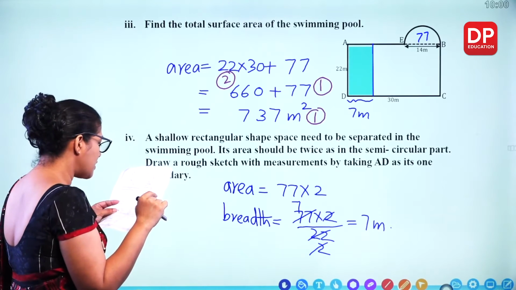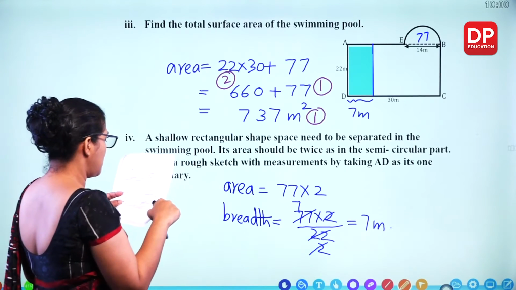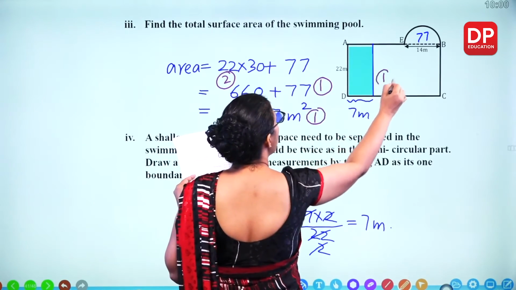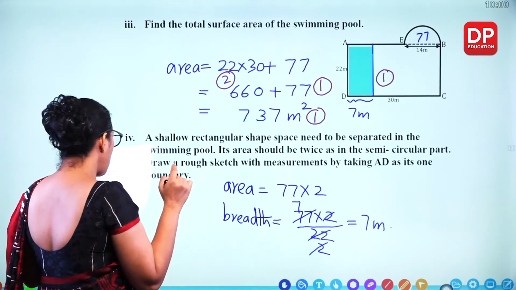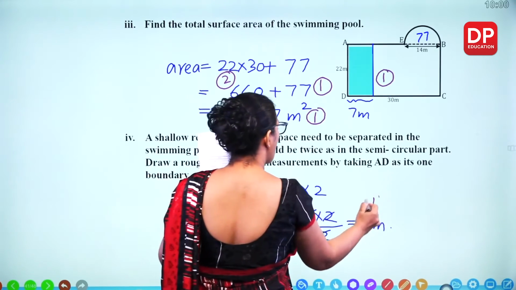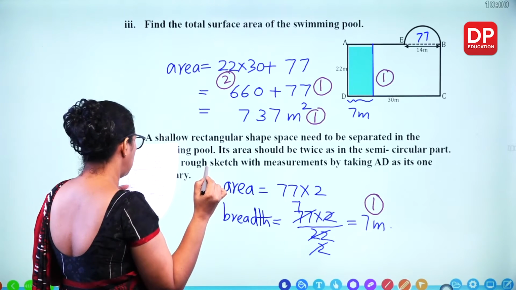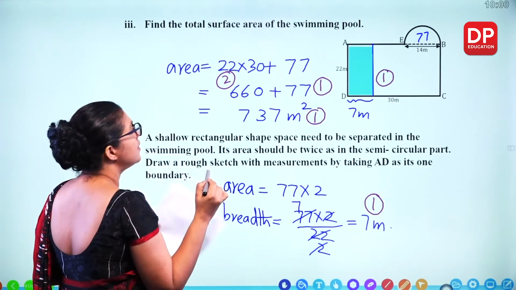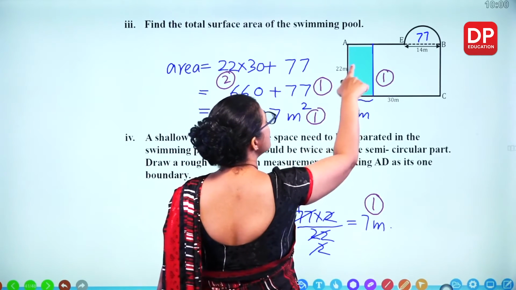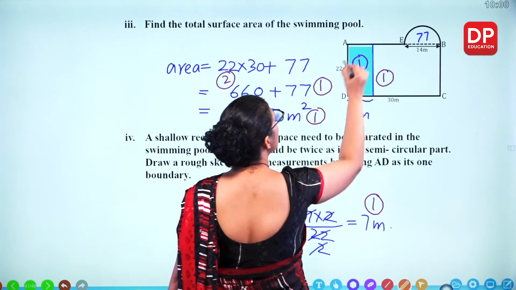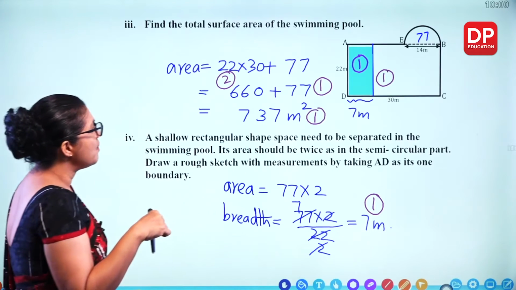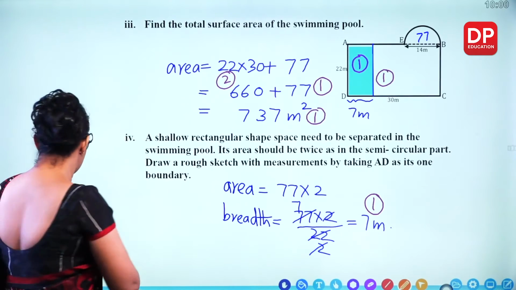And for the last part, you get drawing this one 1 mark, showing 7 meters 1 mark, and marking this shallow part 1 mark again. So 3 marks. 4 plus 3 is 7.